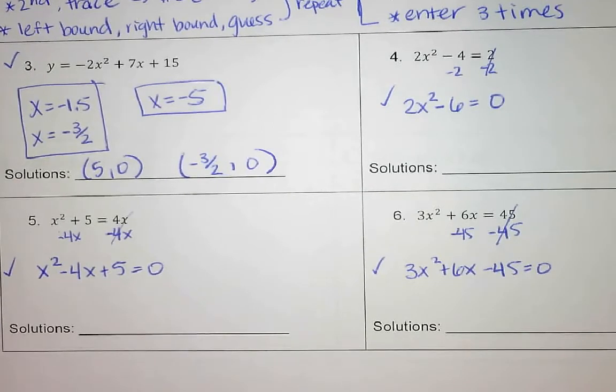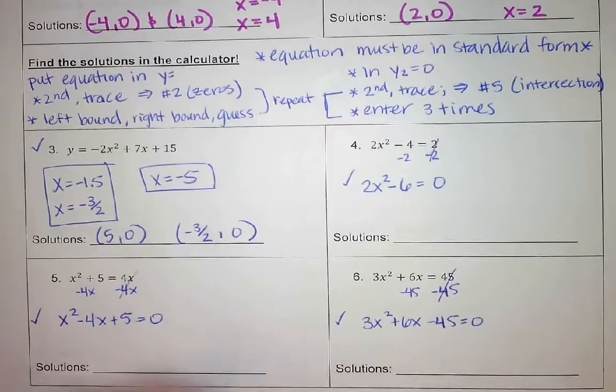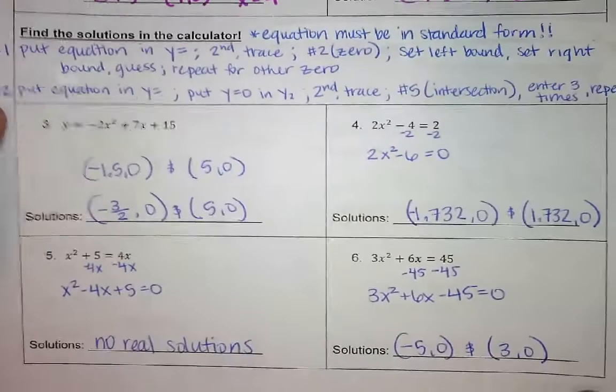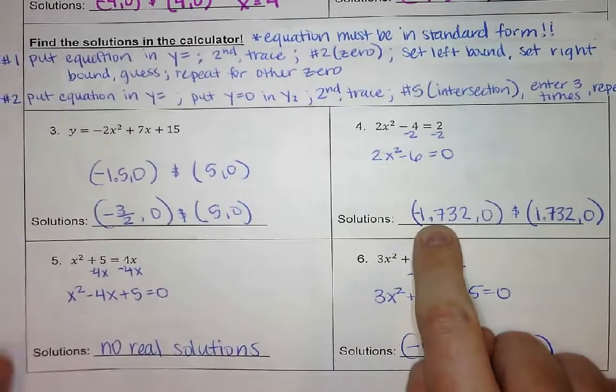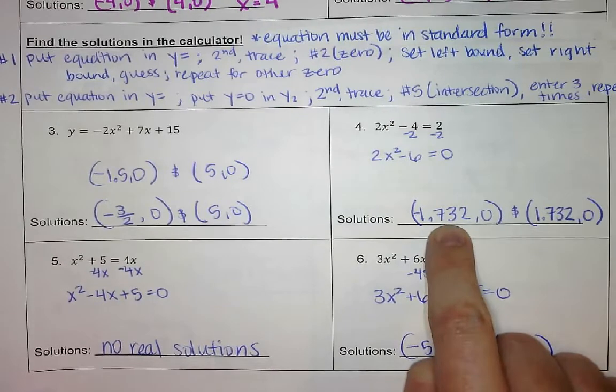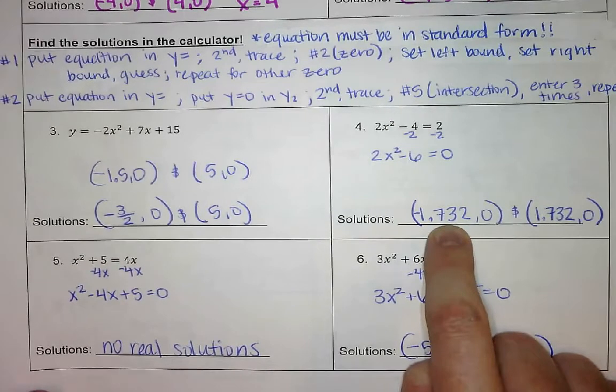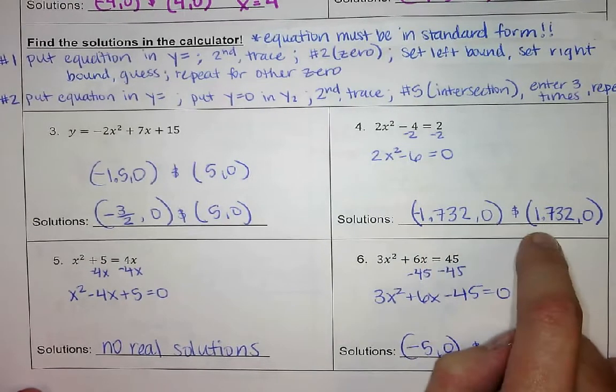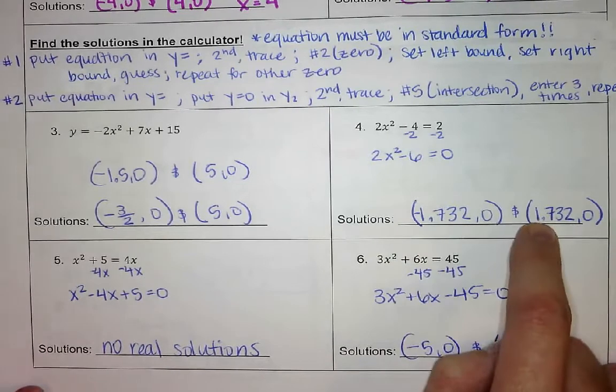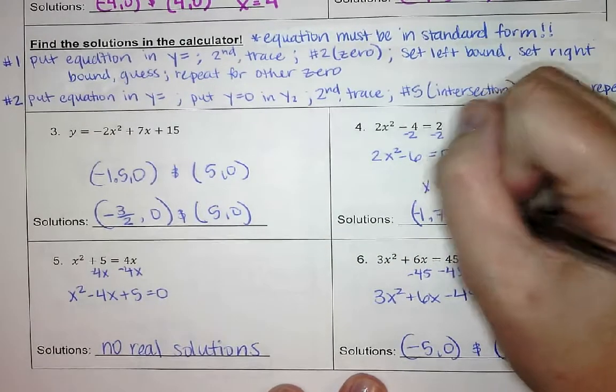All right, so hopefully you were able to see the following solutions here. We had negative 1.732. If you just had negative 1.7, that's okay. But especially with a repeating decimal, you want to go ahead and add a few more. And 1.732. If you just did x equals negative 1.732 and x equals 1.732, that's okay.